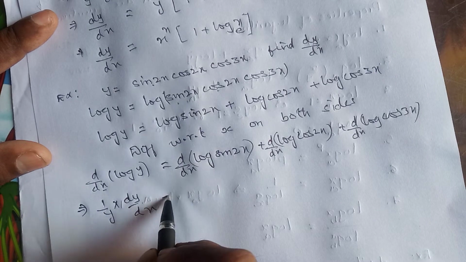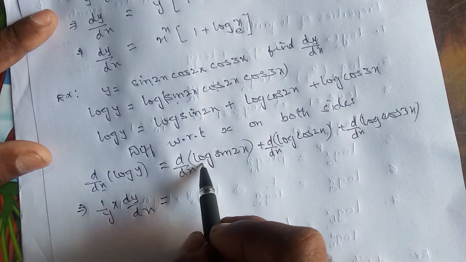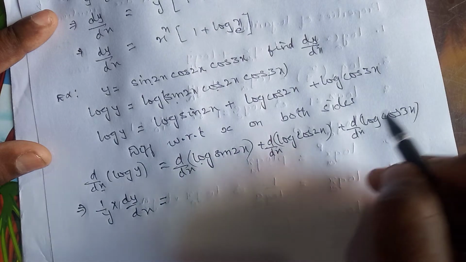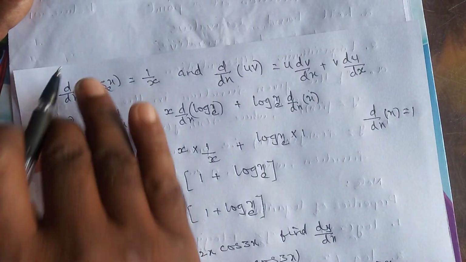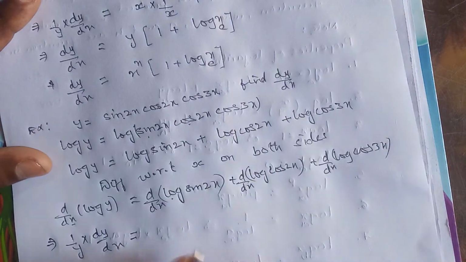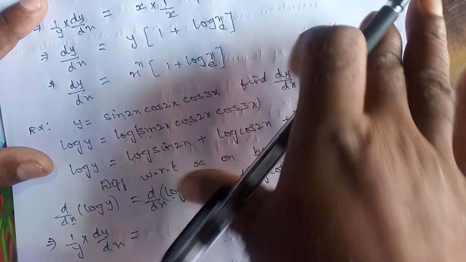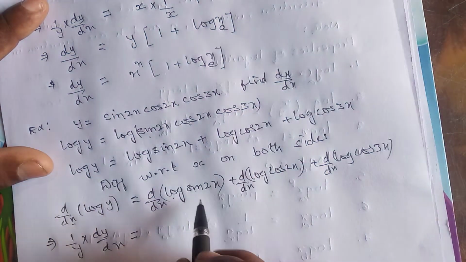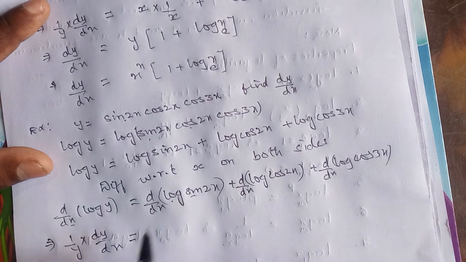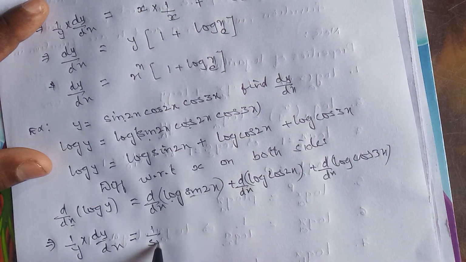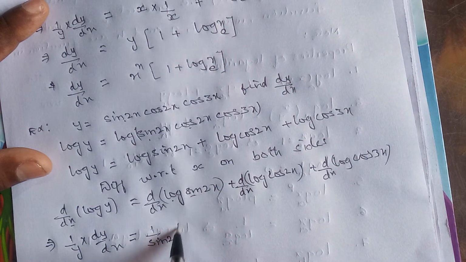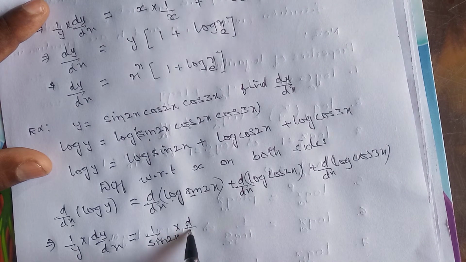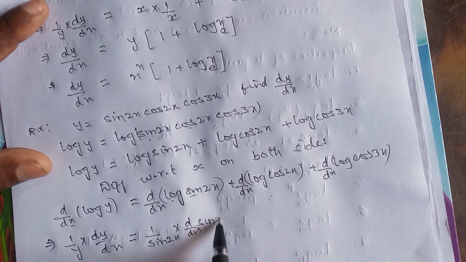Equals, first of all do the derivative of log. You know the derivative of log x is 1 by x, so for log sin 2x, 1 by sin 2x, again the derivative of sin 2x.